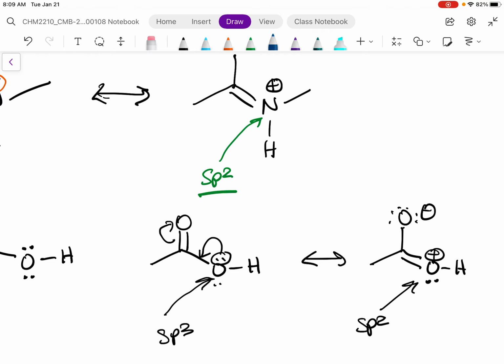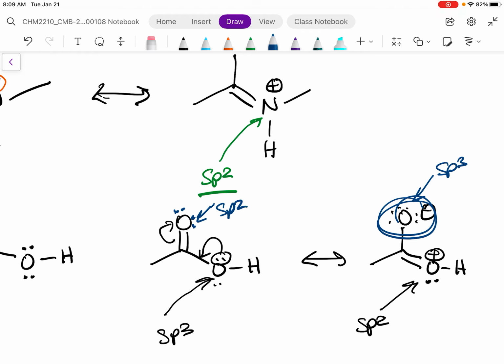You could do that same analysis for this one right here. There are 2 lone pairs. What's the hybridization state of that oxygen? sp2. But when we come over here, it kind of looks like it's sp3 because there are 4 groups around it. But what is the hybridization state of that oxygen? sp2, because there's resonance. There are delocalized electrons.